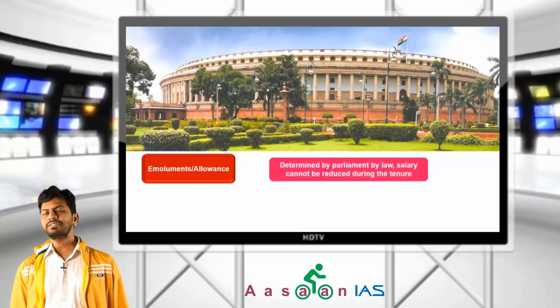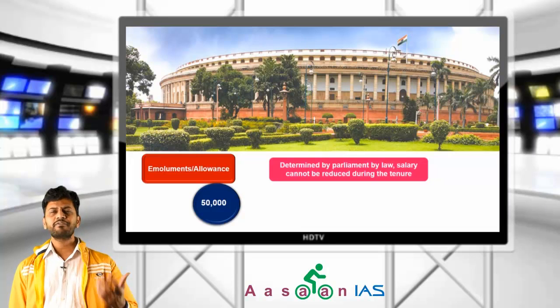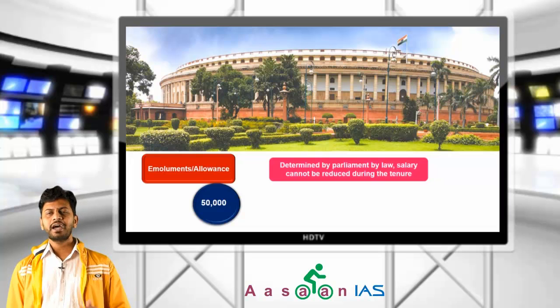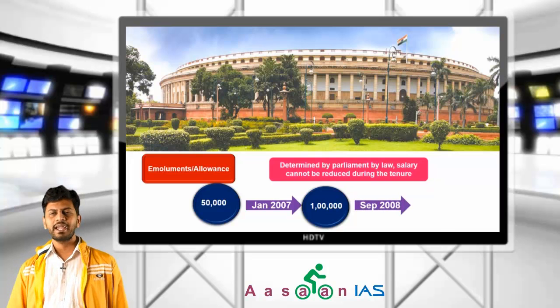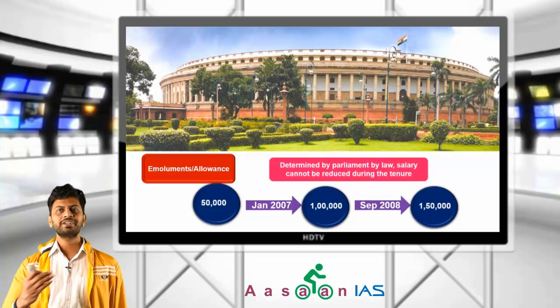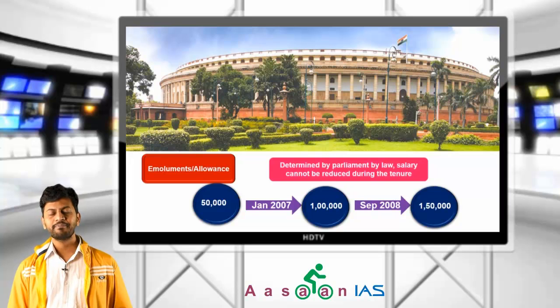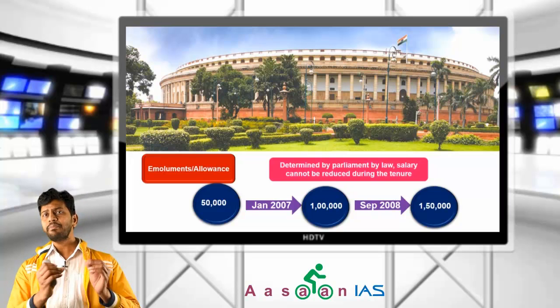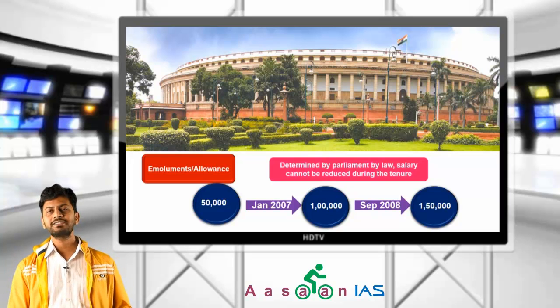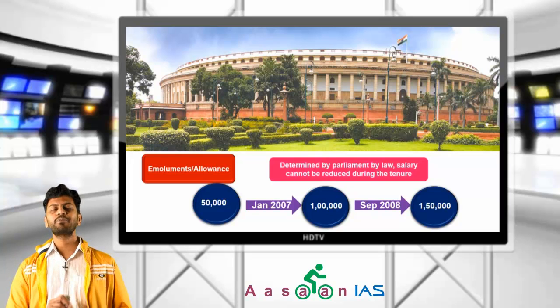And if you see the numbers, not to remember, it was 50,000 a long time back, in January 2007 it increased to 1 lakh, and in 2008 it increased to 1.5 lakh. But last year it was in the news that the cabinet secretary is getting 2.5 lakhs and the president of India is getting only 1.5 lakh.